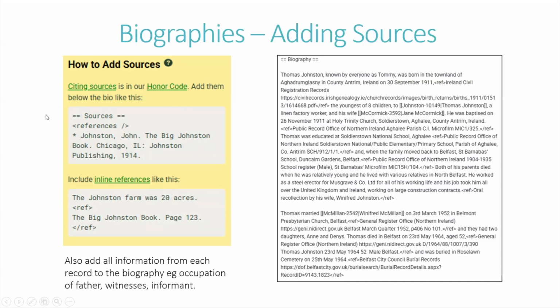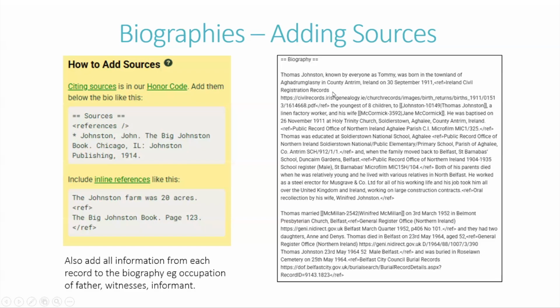The default we used appeared under sources and references as an asterisk, and then the actual source. But inline means that you put it in the middle of your biography at the point at which you are providing the information. So here, this is my dad, and I'm saying that he was born in 1911, and then I put this inline reference.